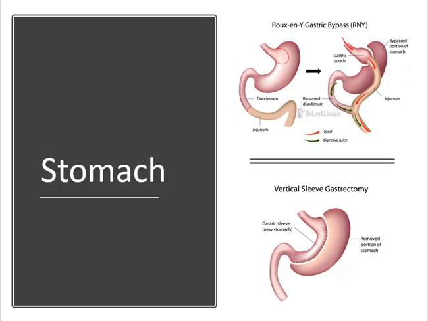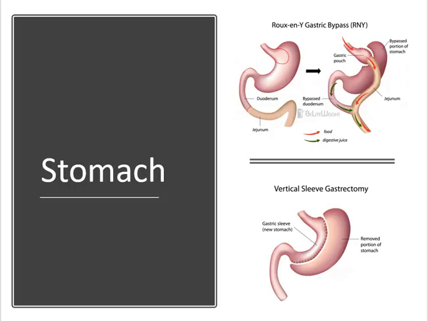All right, next up we have our body part of the stomach, and what we're looking at here, going over to page 319, is where you have your bariatric surgical procedures. These procedures may involve the stomach, the duodenum, the jejunum, and/or the ileum.